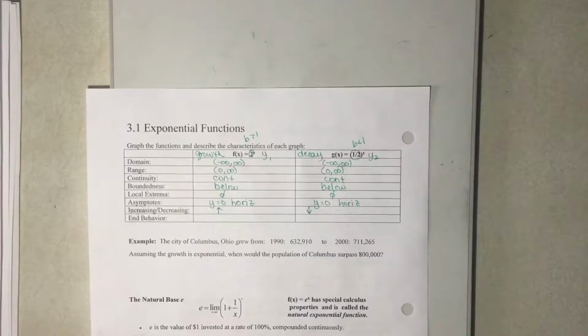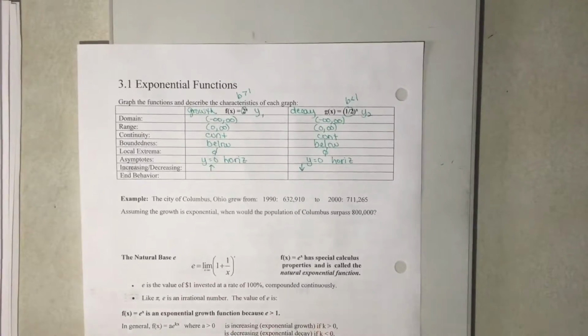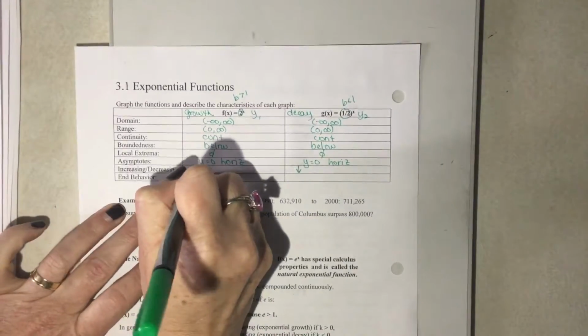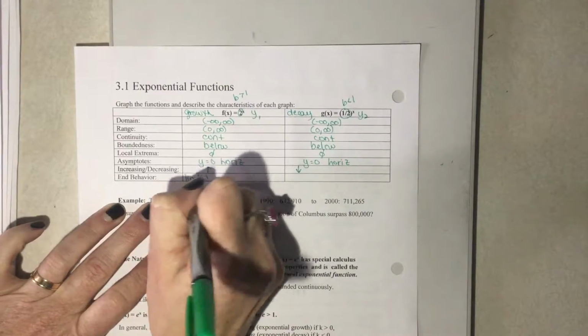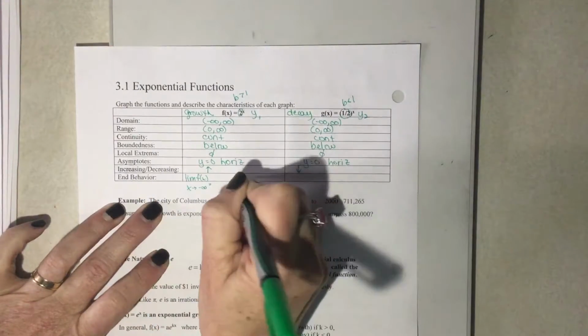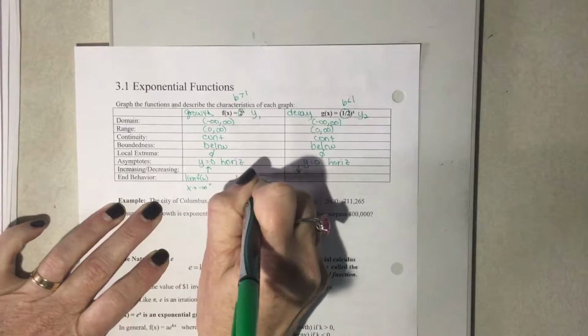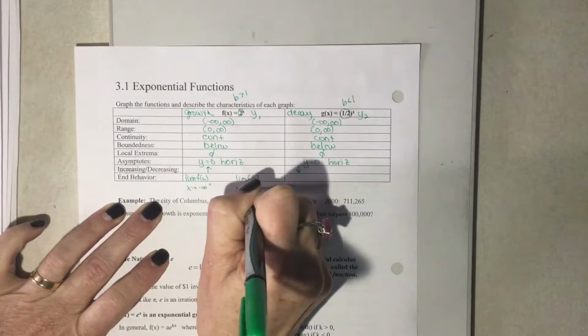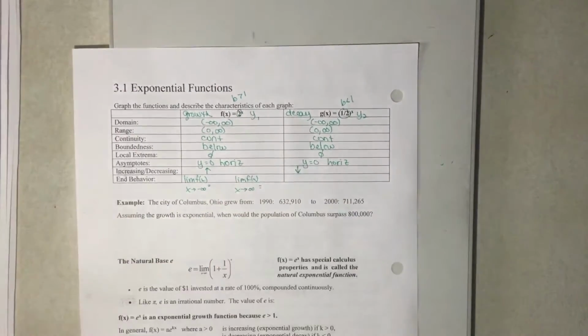My end behavior, again, is where we're going to separate a growth function from a decay function. So the limit of the function as x approaches negative infinity is something. The limit of the function as x approaches positive infinity is going to be something.